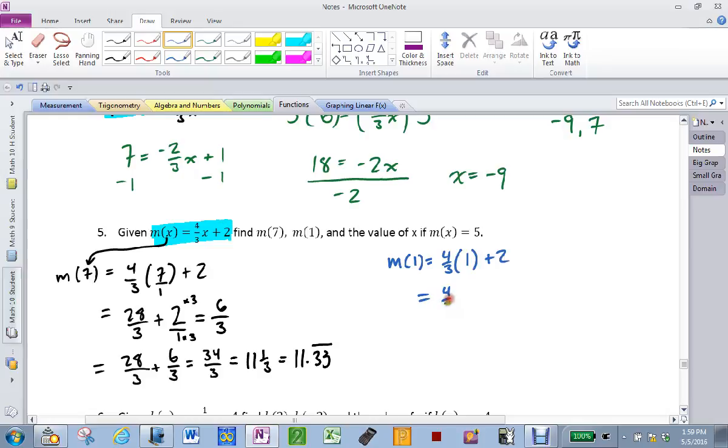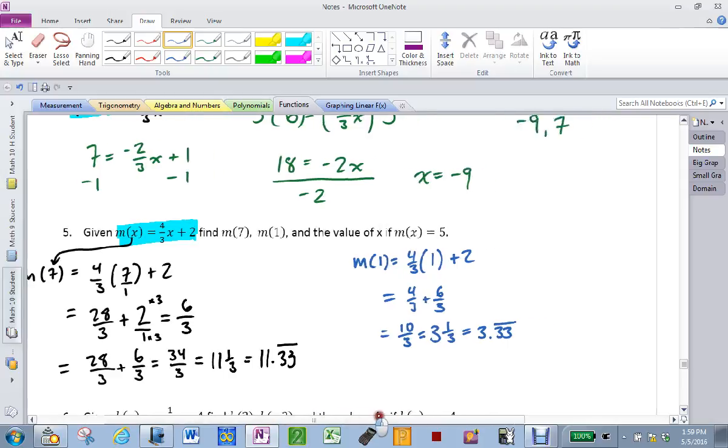Well, that's 4/3 plus 6/3, which is 10/3, which is also 3 and 1/3 and 3.33 repeating. Is everyone okay?